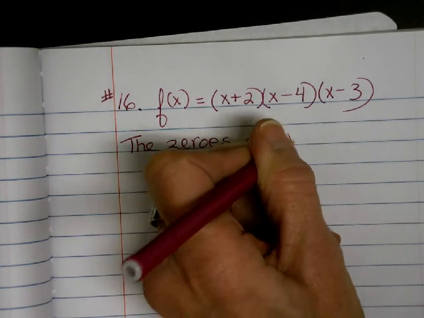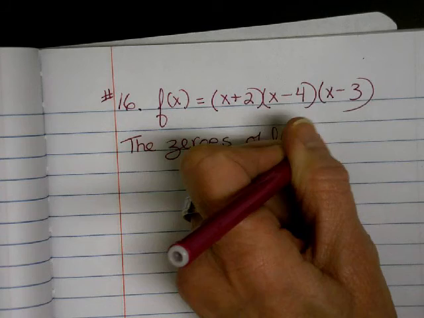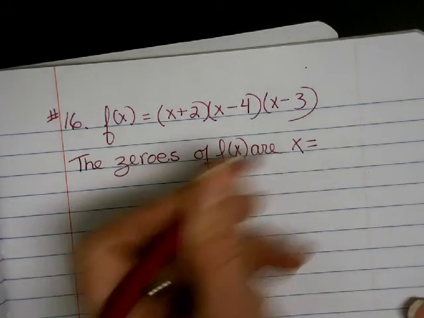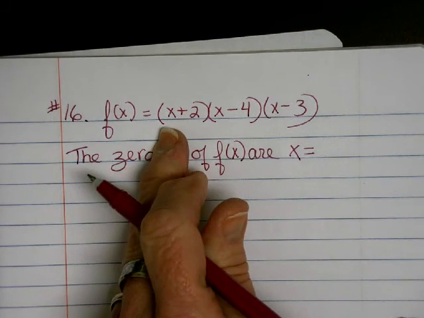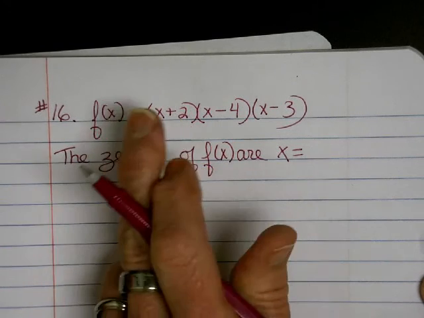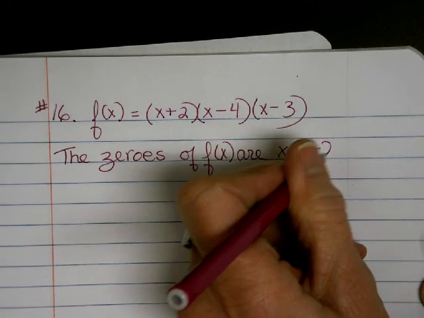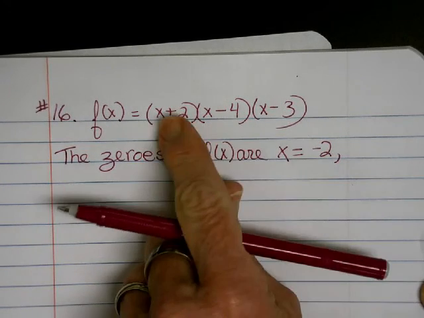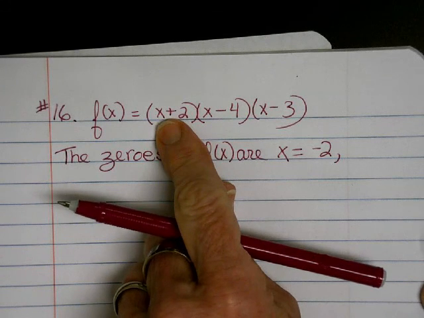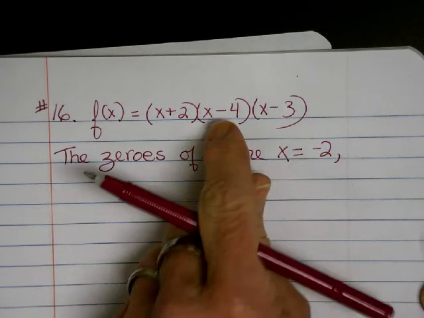So the zeros, you're going to do the drag and drop. F of x equals. And hopefully we're all in tune where we get our zeros from.